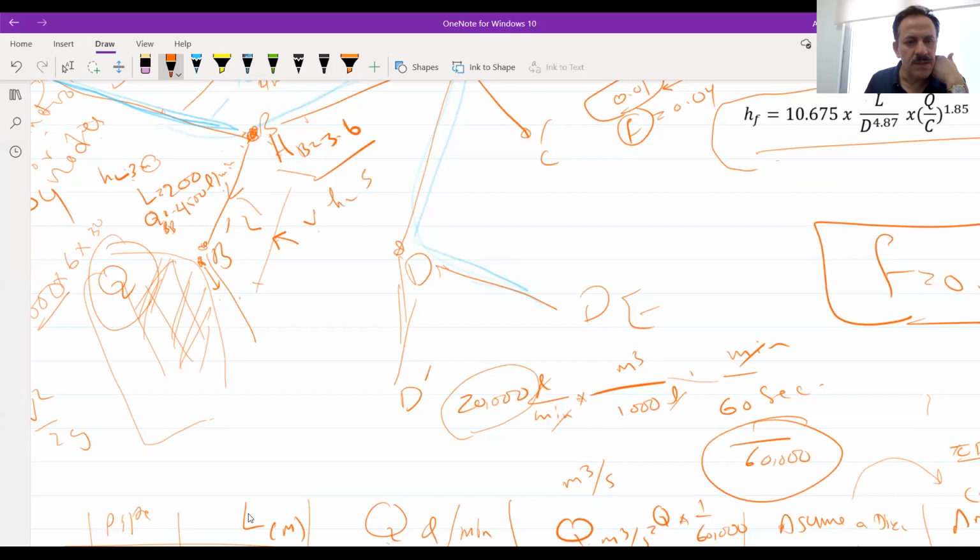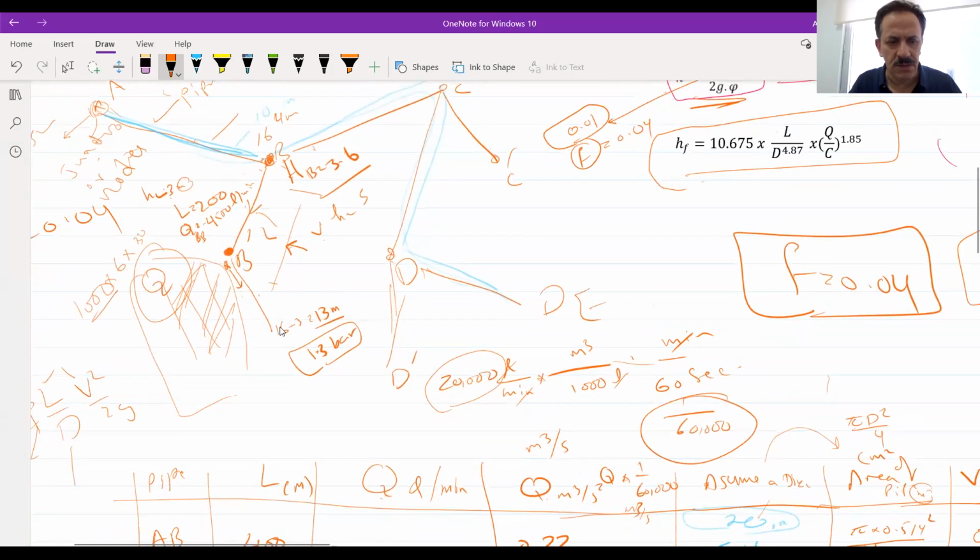It will be 16 minus 3, which is 13 meters, or 1.3 bar, which is okay. For municipalities, we say the pressure should be more than 1 bar.